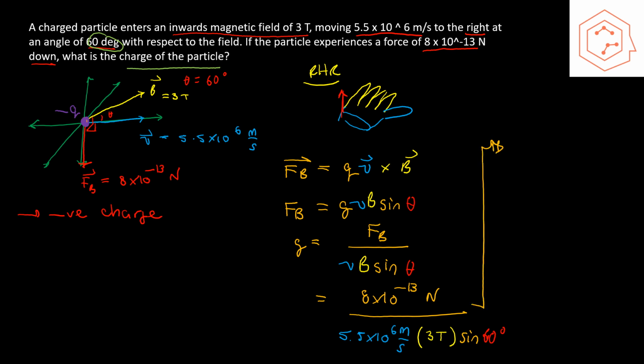If you plug this into your calculator, you'll get an answer of Q equals 1.65 times 10 to the negative 19 coulombs. But do not forget that we found that Q has to be negative for this to be possible. So our final answer for Q is negative 1.65 times 10 to the negative 19 coulombs.